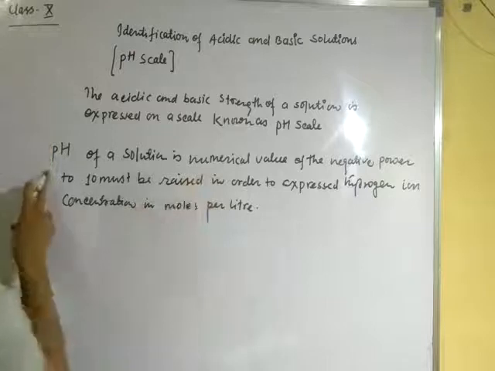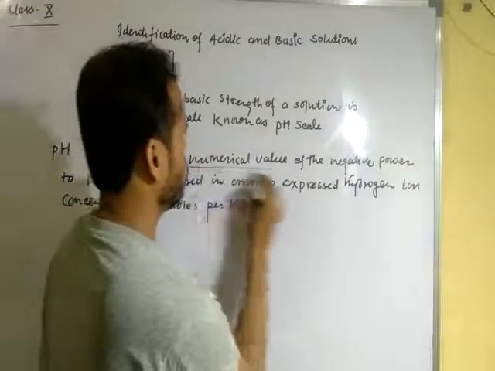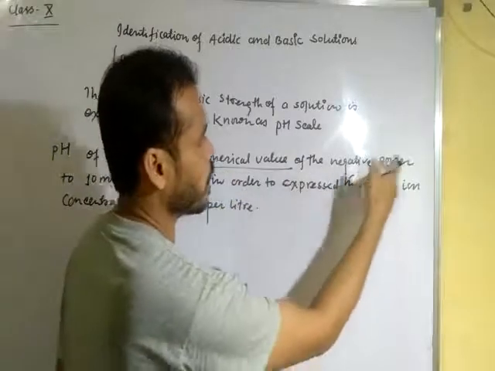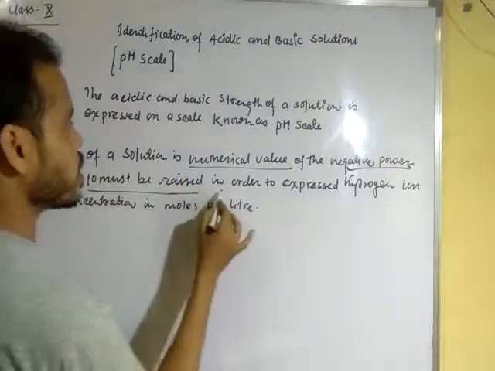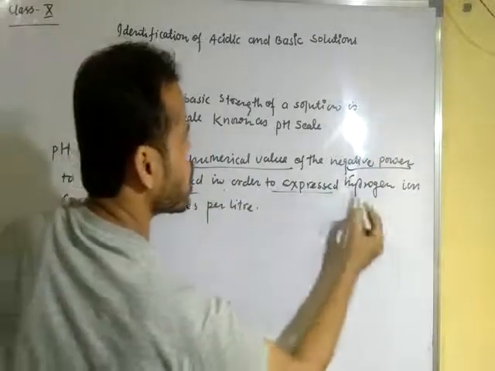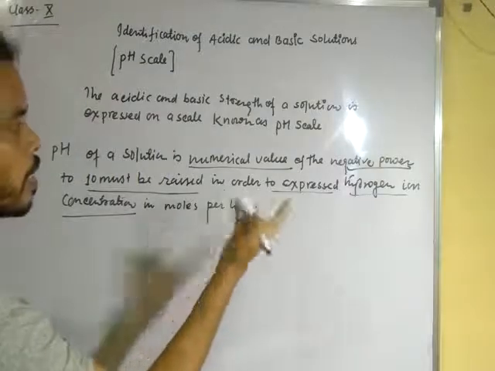Okay dear student, what is the definition of pH? The pH of a solution is a numerical value. Focus on this word: the numerical value of the negative power to which 10 must be raised in order to express the hydrogen ion concentration in mole per liter.